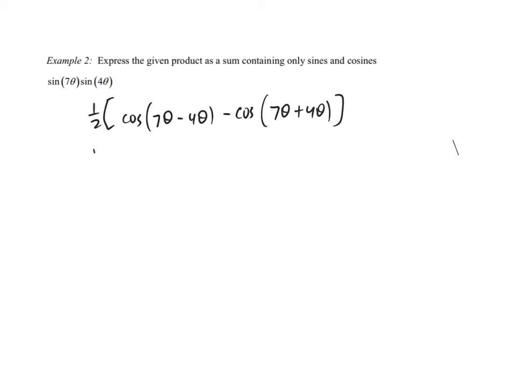And then I'm just going to simplify that by collecting the like terms, and so this will be cosine of 3 theta minus cosine of 11 theta. And that's all I need to do in order to write that as a sum that contains only sine and cosine.